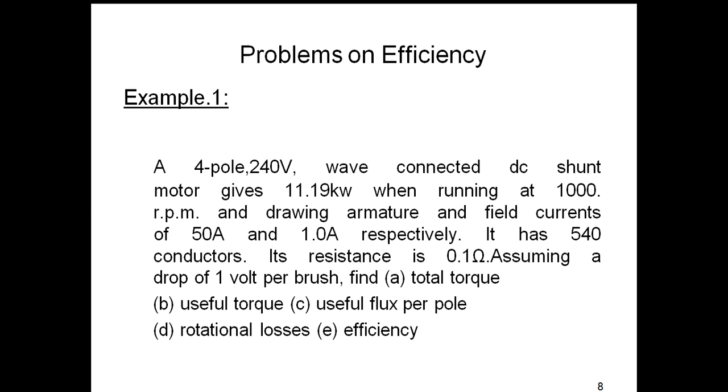Now, in order to solve any problem, first we have to study thoroughly the given problem, and we have to find what is the given data and what we must find.